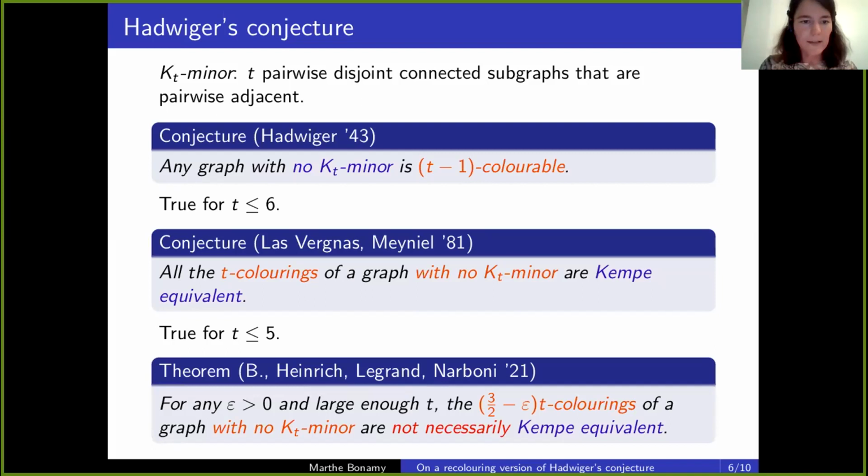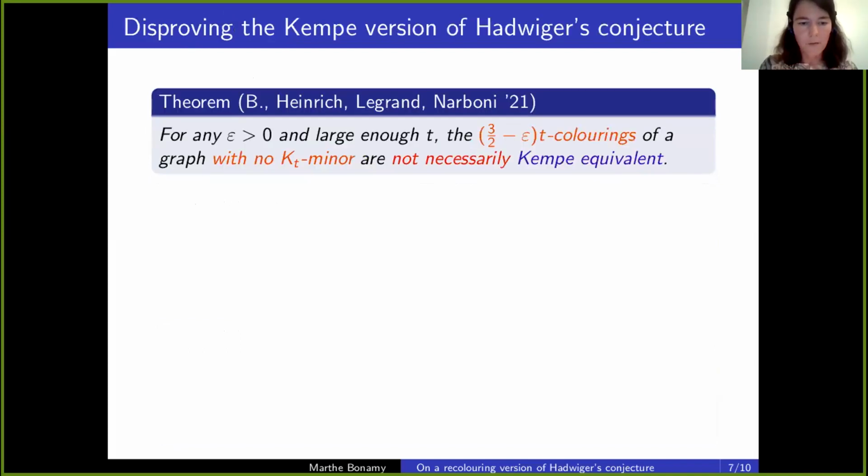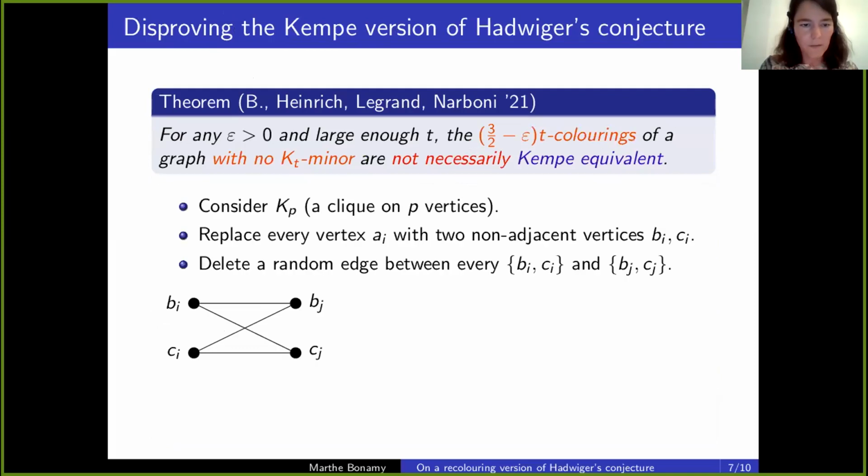Let me very quickly say a few words about roughly how we prove that. So just in a few words, you take a clique, you replace every vertex with two non-adjacent vertices. So essentially between any two vertices in the old clique, you now get four edges.